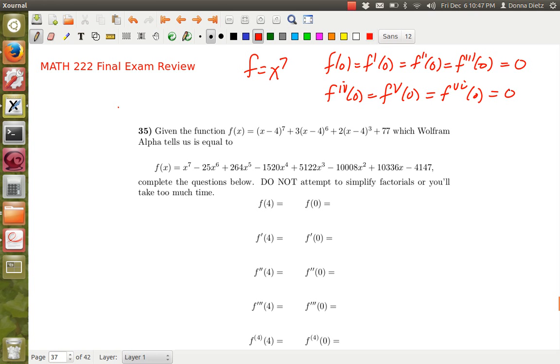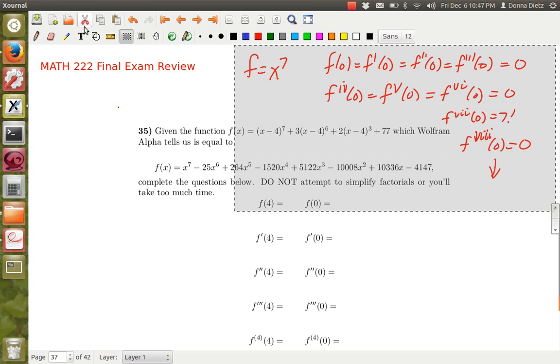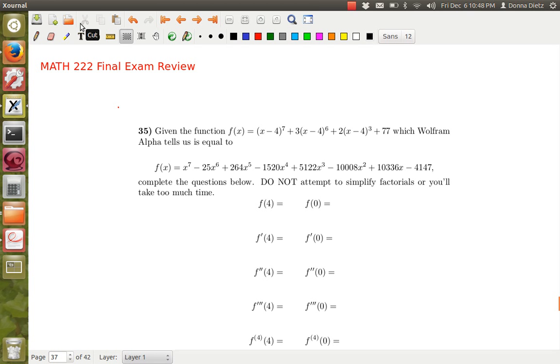These guys are all 0, and then this magical one is going to be 7 factorial. And then we're going to go back to being 0 again. All the other derivatives are just going to be 0. Is that crazy or what? So all the derivatives are 0 except the 7th derivative, which is 7 factorial. So it's a little bit crazy.